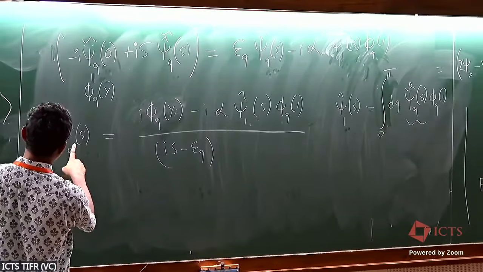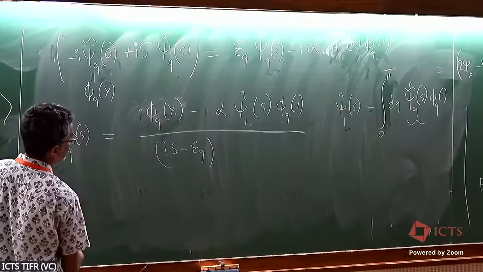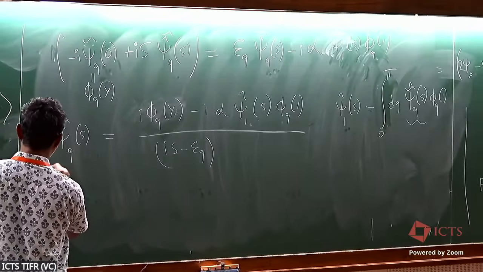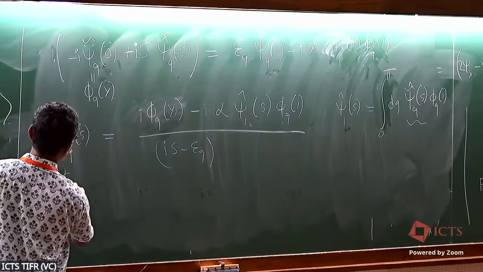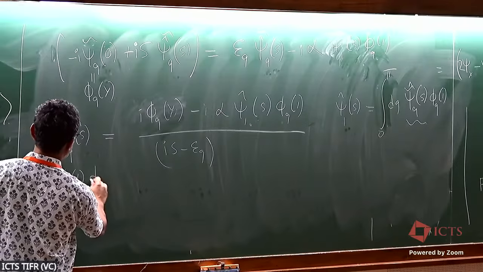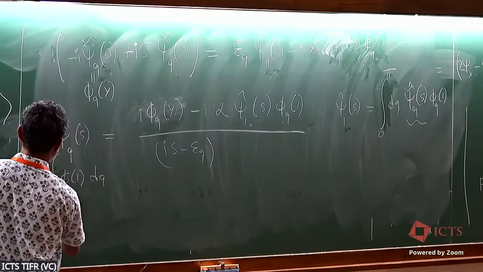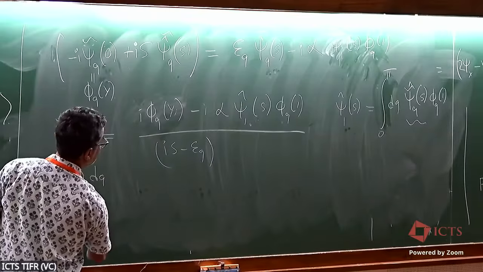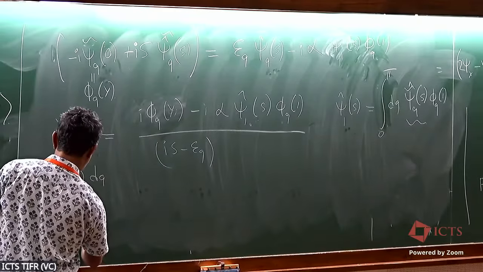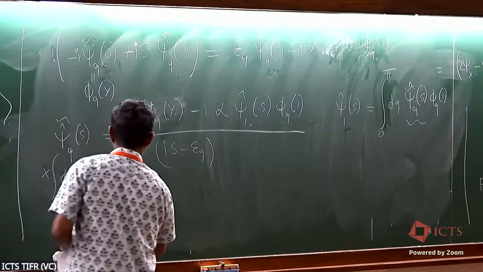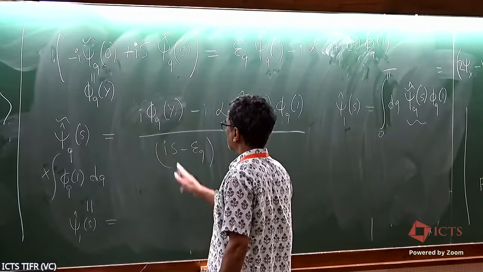If we do that, this will give psi 1 hat. So then this gives exactly psi 1 hat s, and this is equal to, okay, so here we have something.